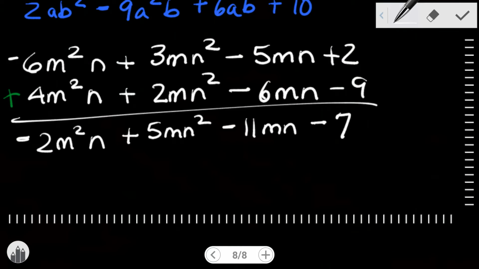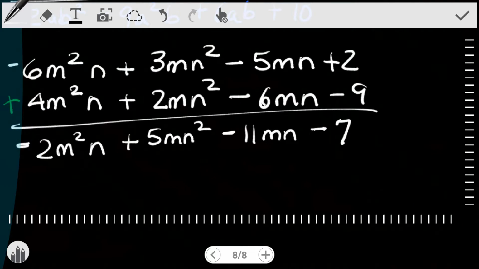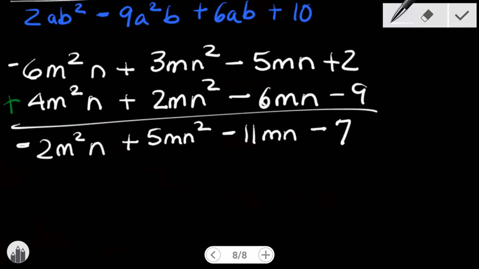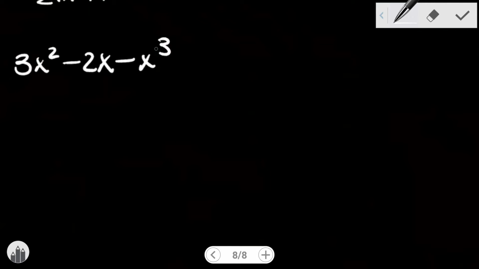All right, so let's go ahead and try one more, because I know some people like to have a little bit of extra help just in case you're not fully understanding it. So let's go ahead and do one more. So the next one, we're going to have a 3x squared minus 2x minus x cubed plus 2.